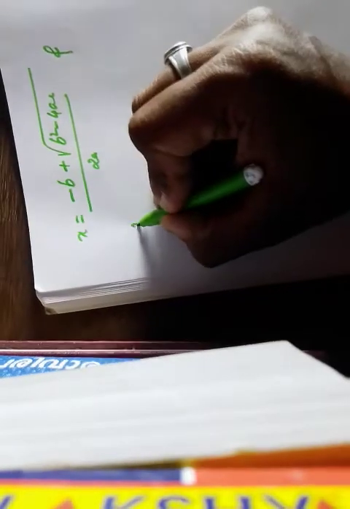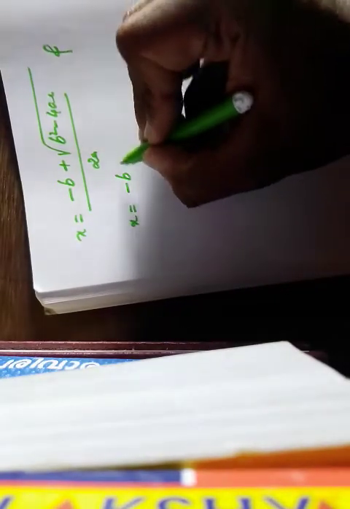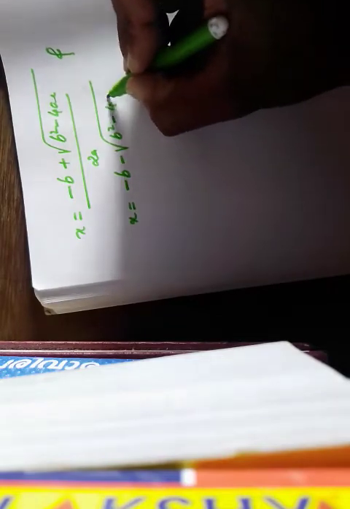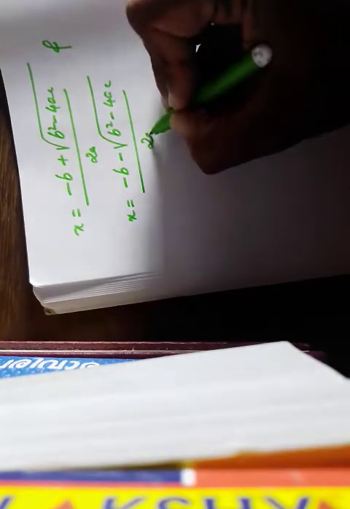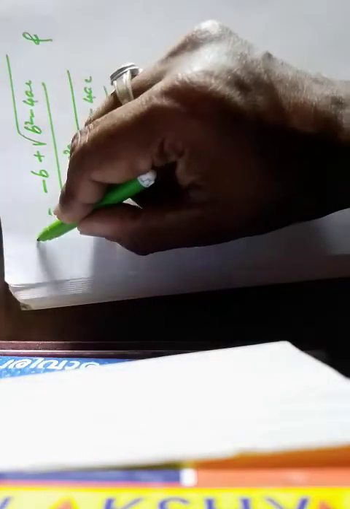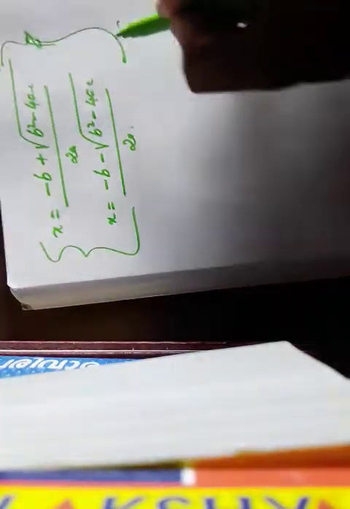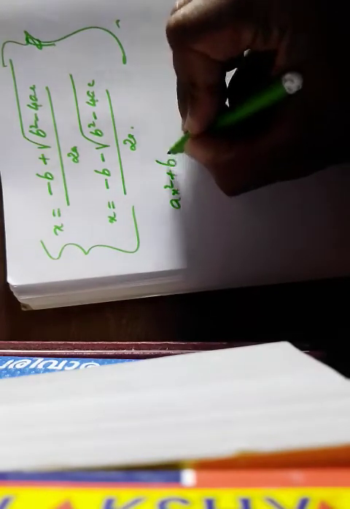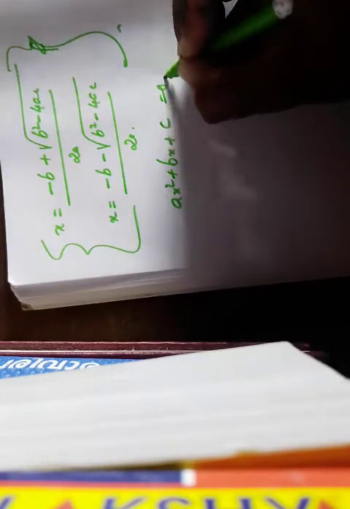Either x is equal to minus b plus under the root of b square minus 4ac by 2a, or x is equal to minus b minus root of b square minus 4ac the whole divided by 2a. These are the two roots of the quadratic equation ax square plus bx plus c is equal to 0.